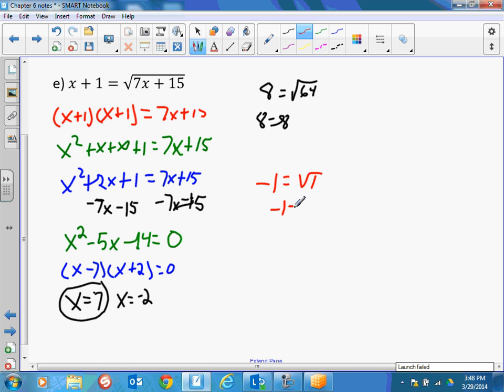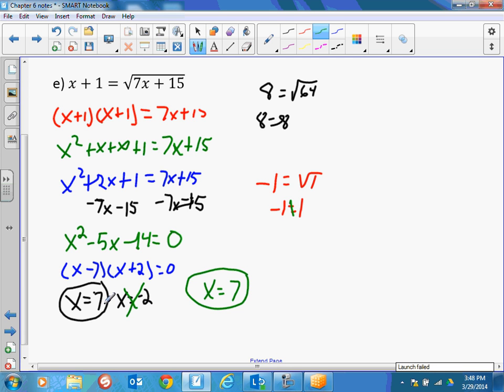So we have negative 1 equals square root of 1, which is 1. Does negative 1 equal 1? No, it does not. So you have to cross out that answer, and the only answer you'd write is x equals 7. So this is one of those where, if you put this on a test or you get a multiple choice answer, I guarantee 7, negative 2 will be one of the choices you can pick. You got to make sure you check both and just pick 7.